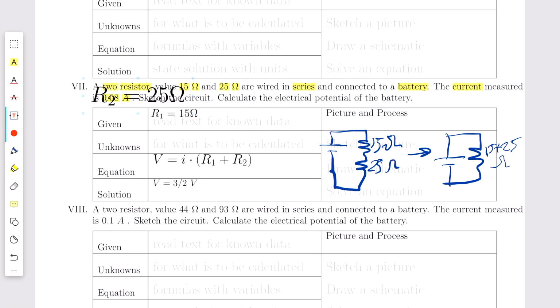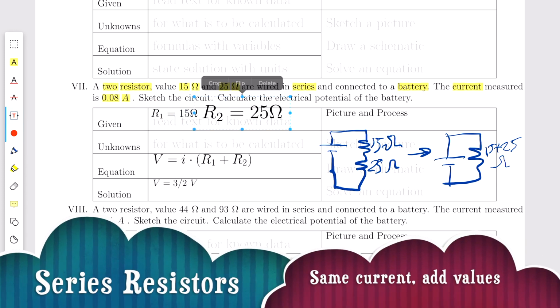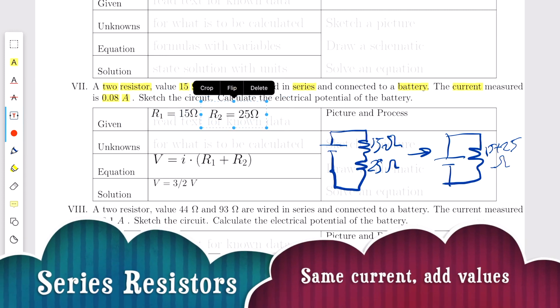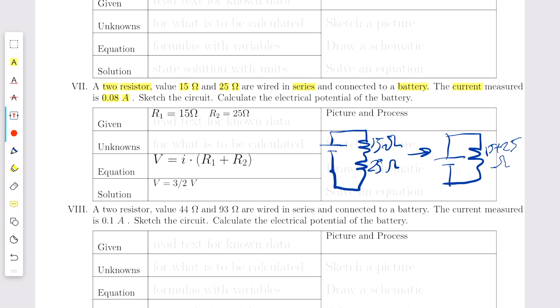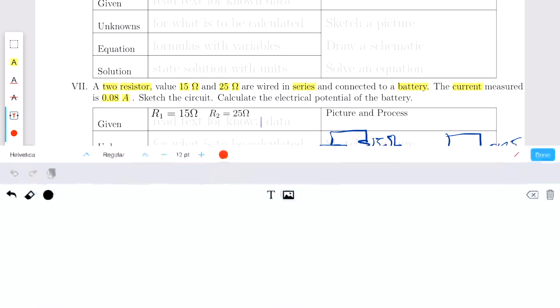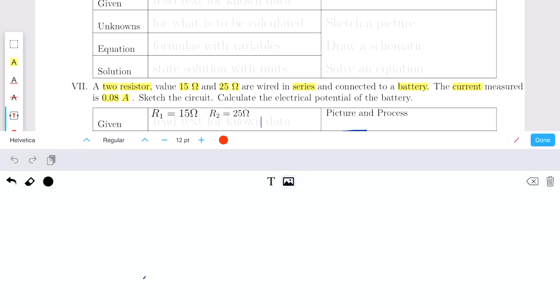So here we have 2 resistors in series. What does series mean? That they have the same current. It's not enough to have the same value, but it actually has to be the same current, which typically means that it is connected by the same wire.